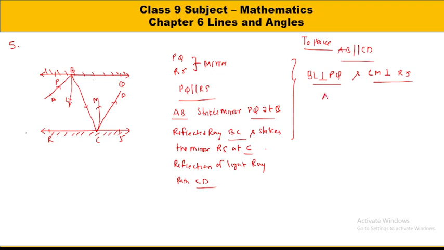Now as PQ is parallel to RS, it means BL is also parallel to CM.